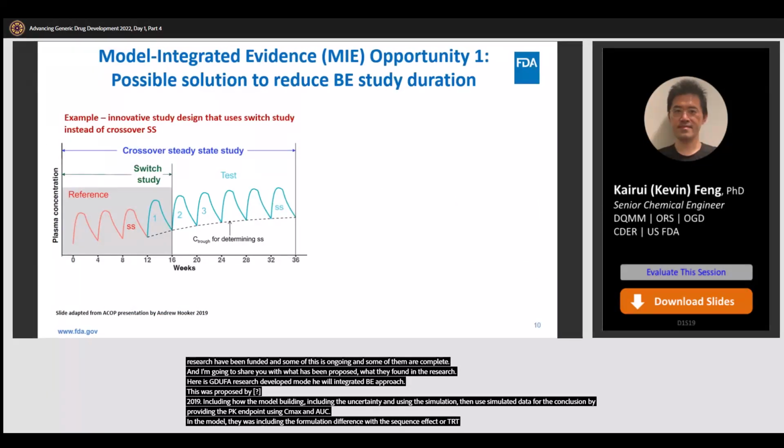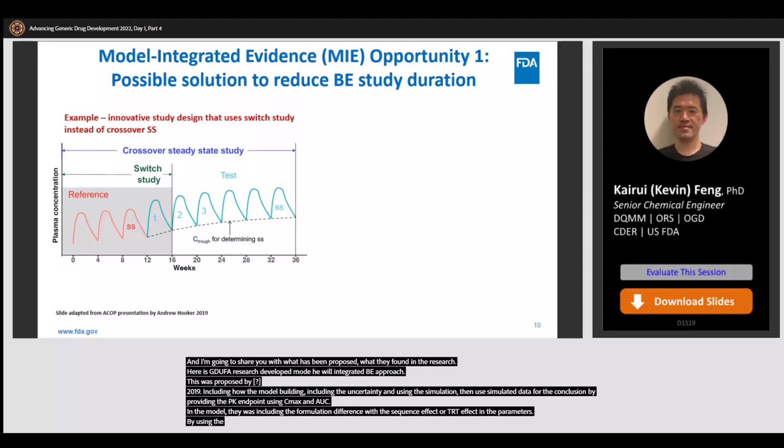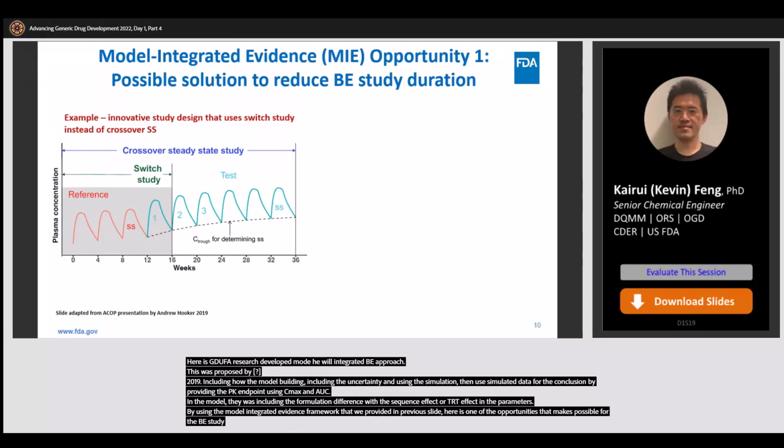By using the model integrating evidence framework that we provided in the previous slide, here is one of the opportunities that is possible to reduce the study durations. The study uses crossover steady-state studies, where the full duration is from doing the crossover between the reference and then test.